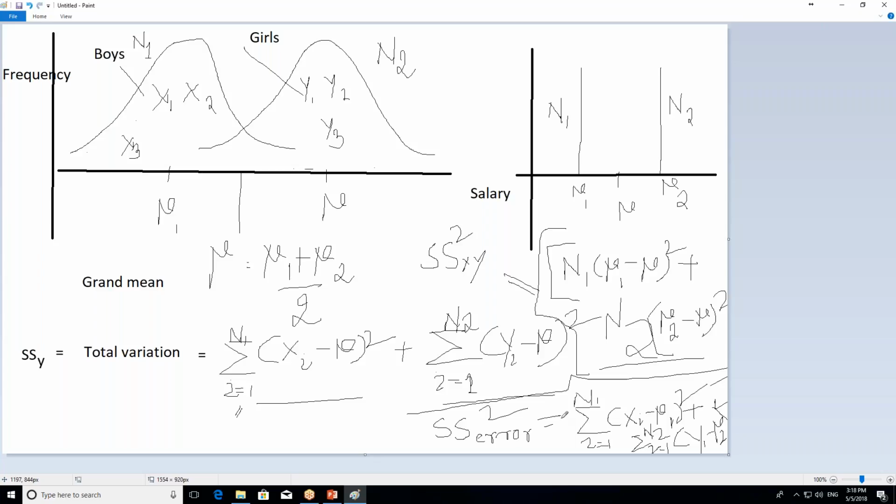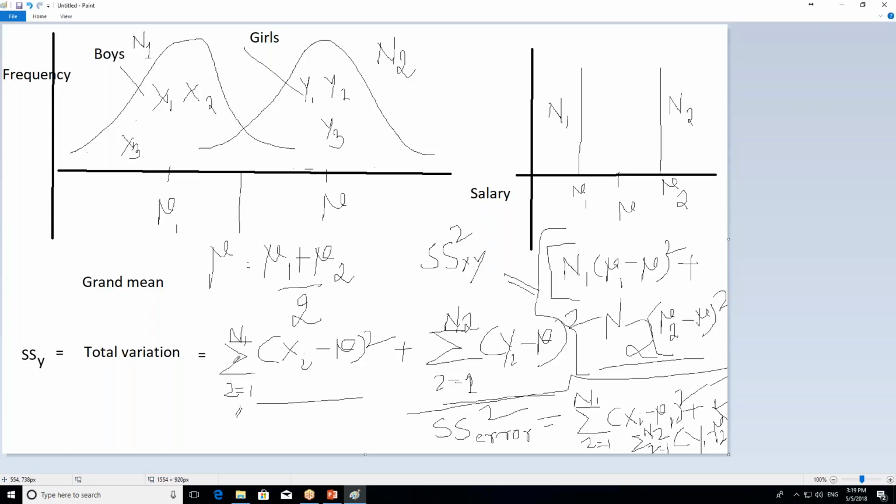Now why did I say sum of square within the group is error? Let's find out why it is called error within the group, and why sum of square between the group is SSXY.